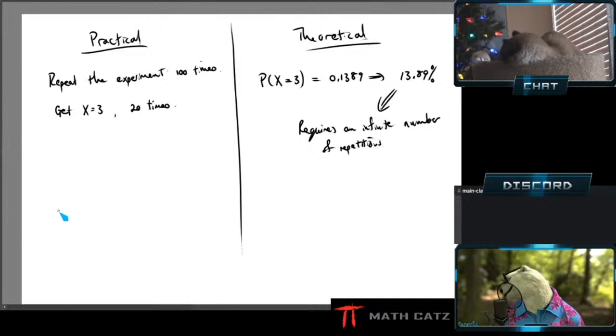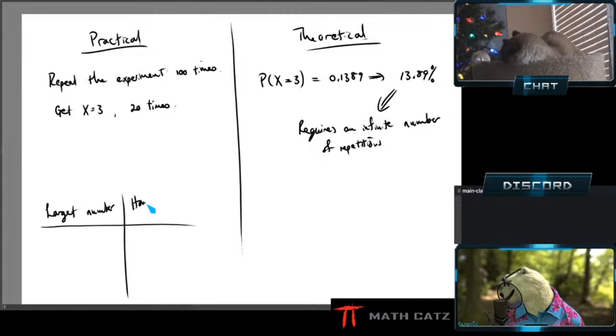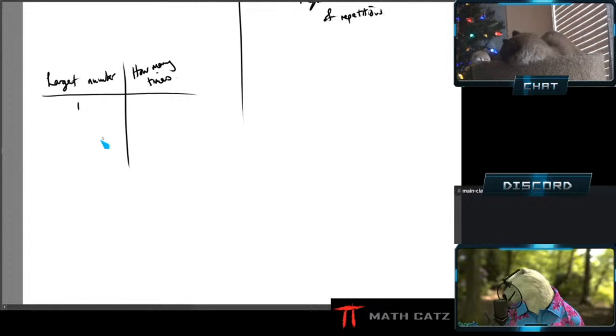Let's suppose we got largest number, and then how many times did we get it? So we could get a largest number of 1, 2, 3, 4, 5, and 6. Among our 100 rolls, we got a 3 20 times. We got a 1 2 times. We got a 2 5 times. We got a 4 25 times.